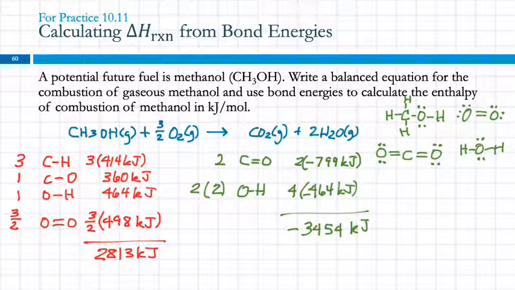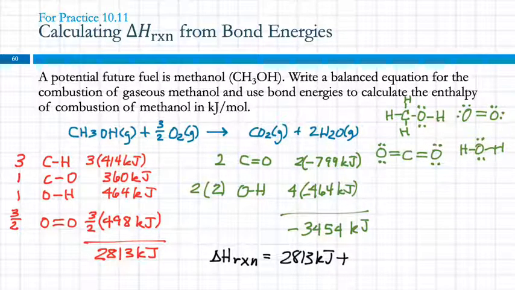So Delta H for this reaction then is the sum of those: 2813 plus negative 3454.